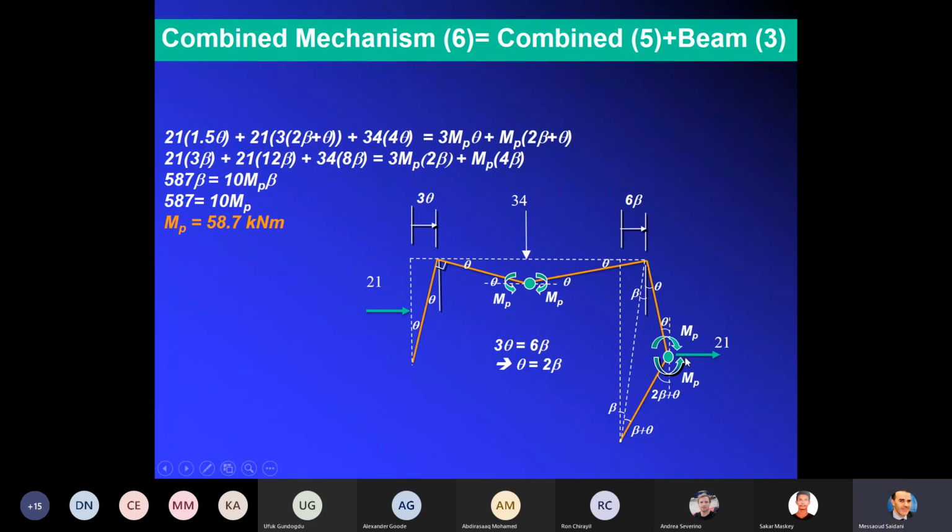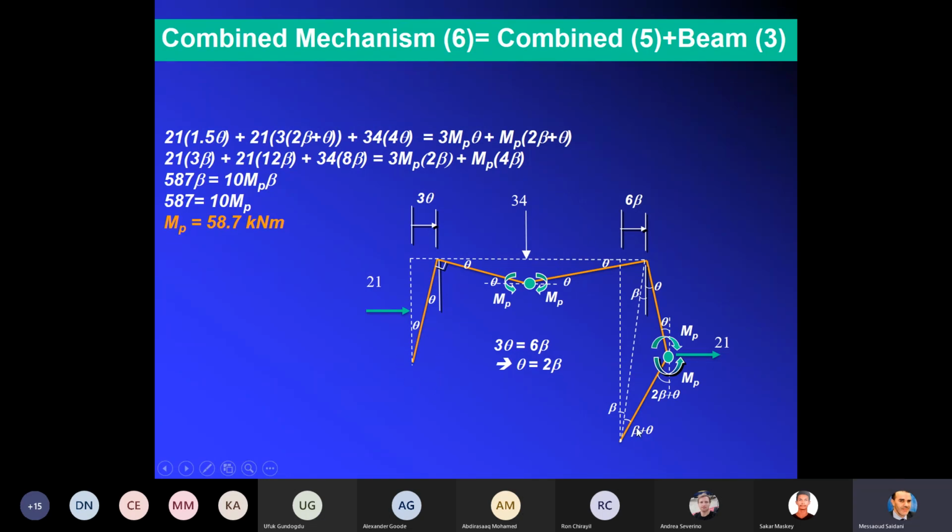We know the moments at D and F. Okay, so we have A, B, C, D, E, F, G. We know the moment at A is 0 because it's pinned here, so we have a simple support.